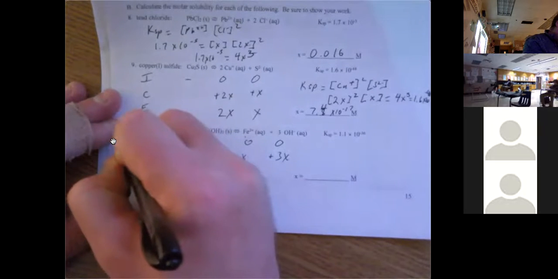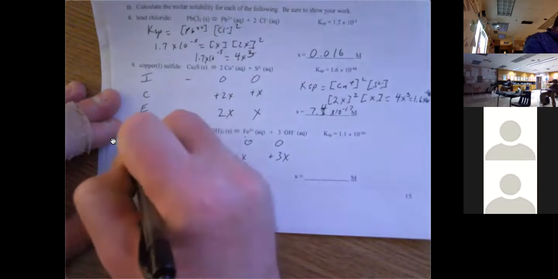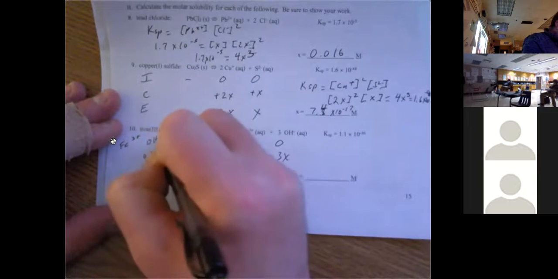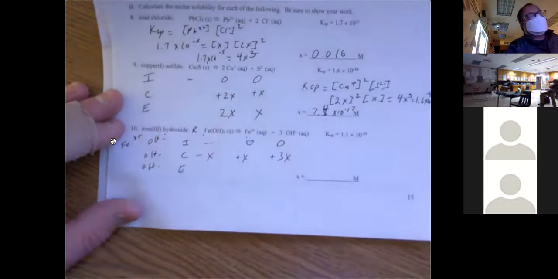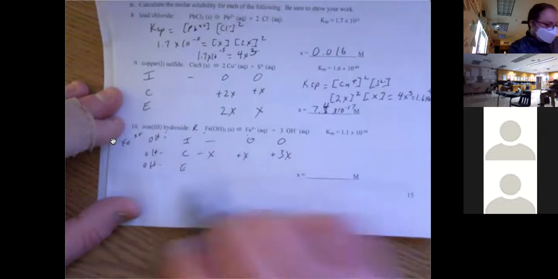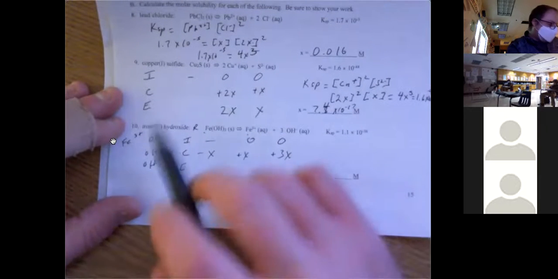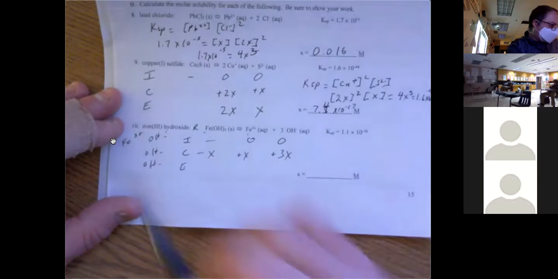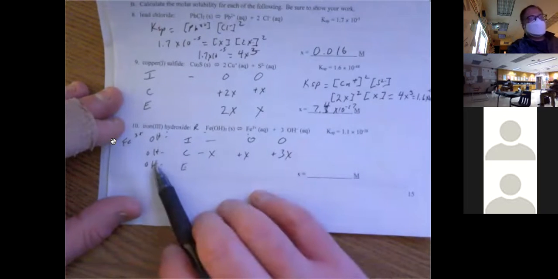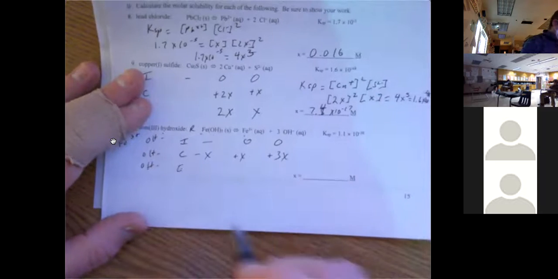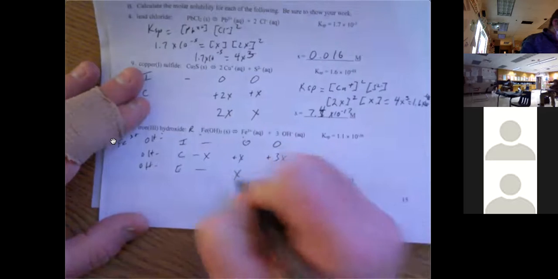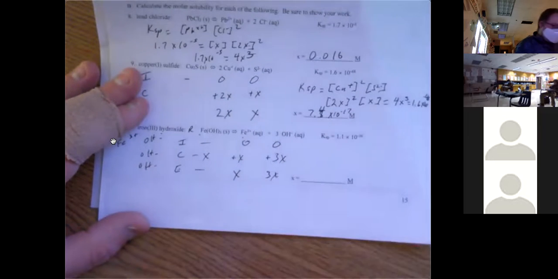If you want to draw it out, you have one Fe3 positive and 3 OH negatives. That's why we have 3X of these. For every one of these we dissolve, we get one of these and 3 of these particles. So at equilibrium, we don't care about this again, but we now have X and 3X.